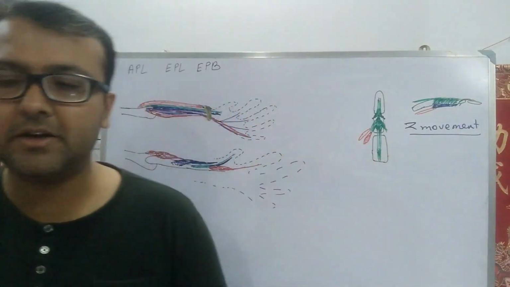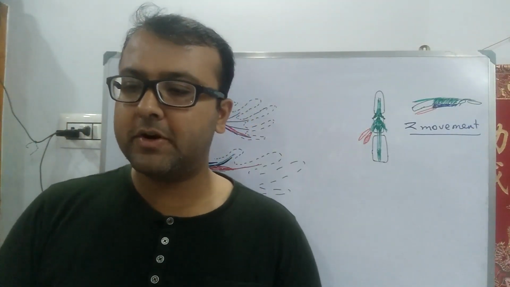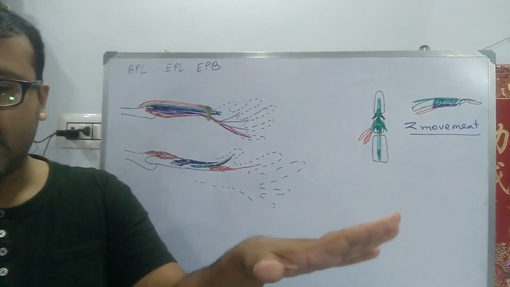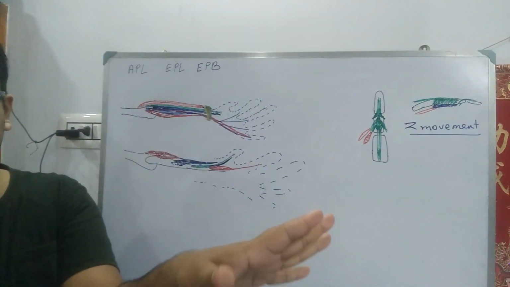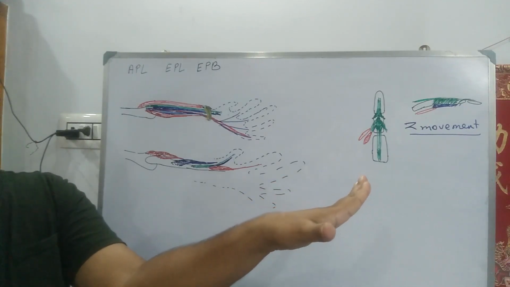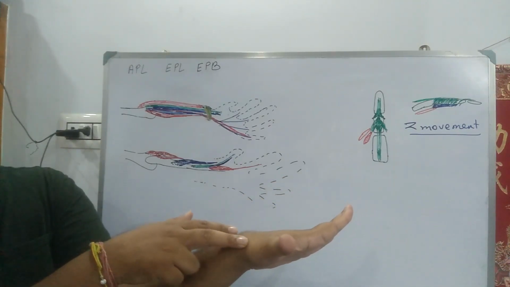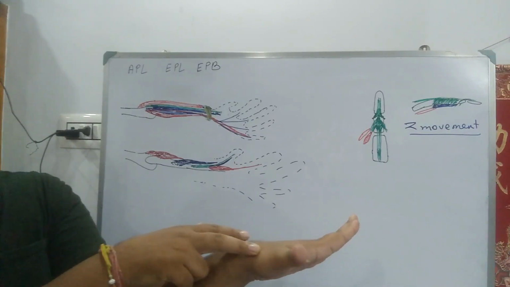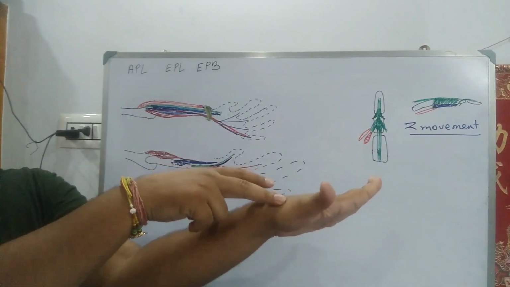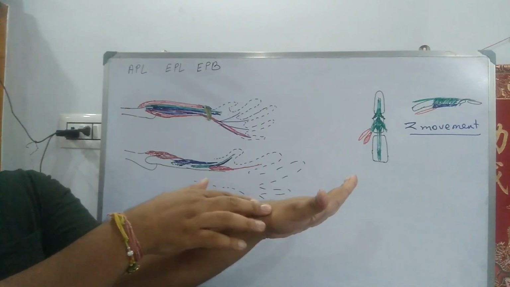If these things are clear, then remember, if I show you this thumb portion, over here what passes is the EPL, in this region. In a thin person, I think it will be more prominent.